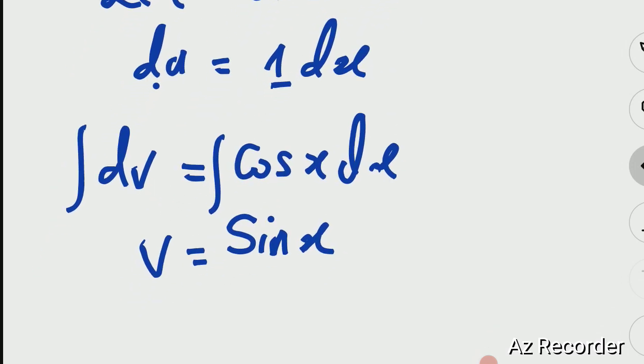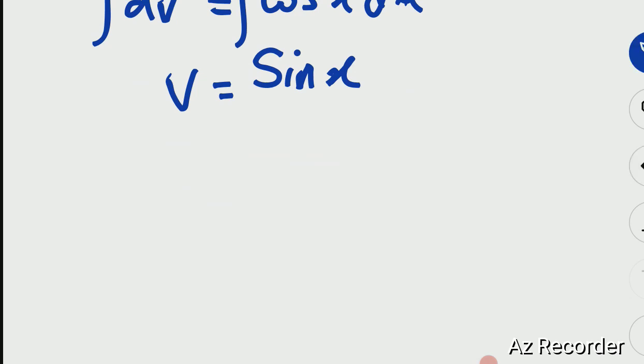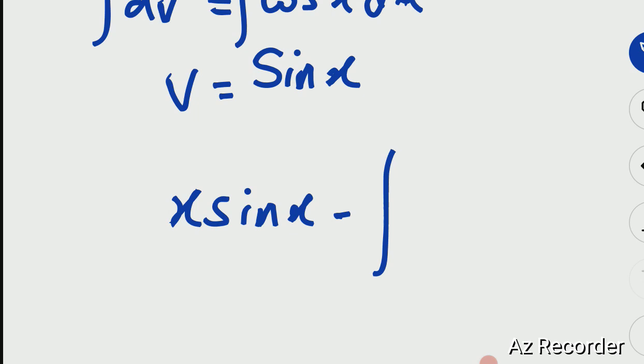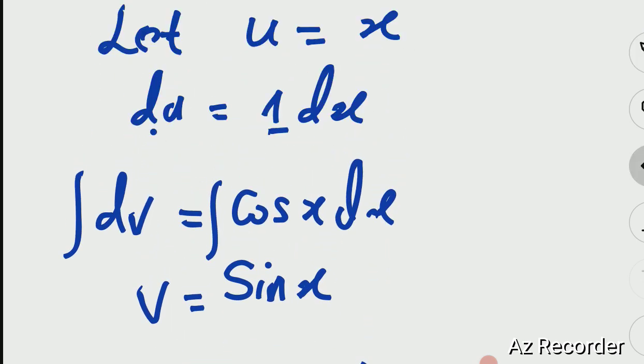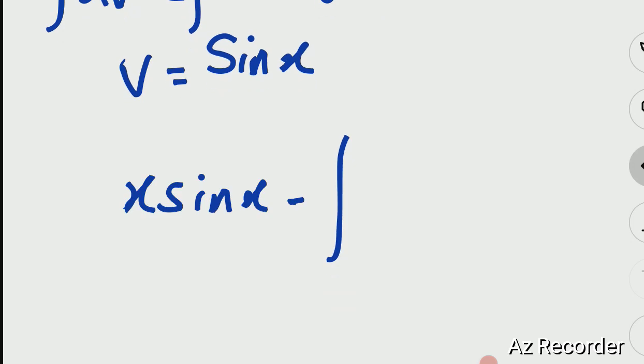So we have the integral of u dv equals uv, which is x sine x, minus the integral of v du, and that v here is sine x.